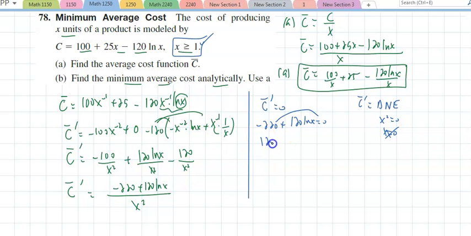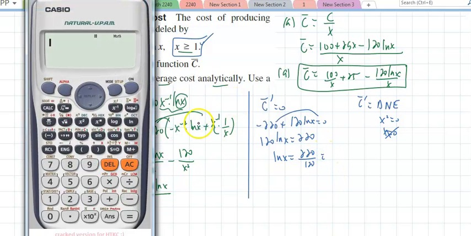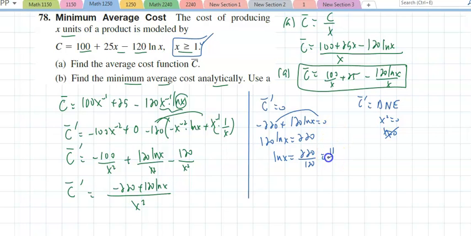That is when 120 natural log of x equals 220. Natural log of x equals 220 divided by 120, which is, again, I'll use my calculator. If I take 220 divided by 120, the zeros cancel out, of course. 22, that's 11 over 6. So basically, x will be e to the 11 over 6.